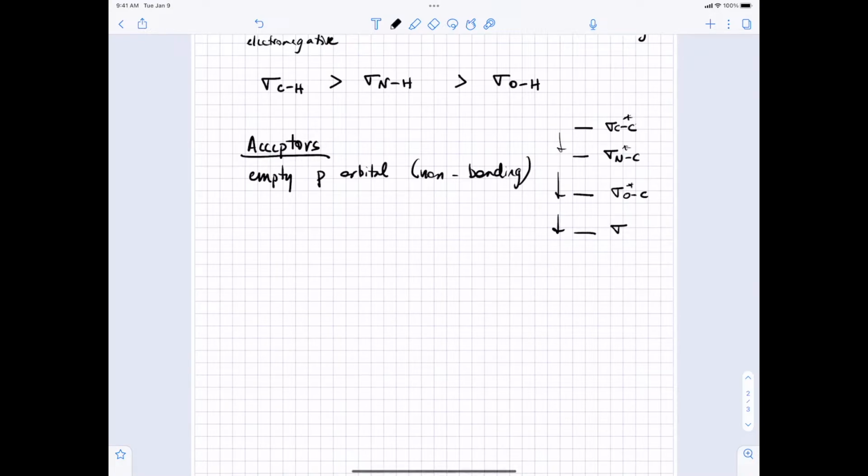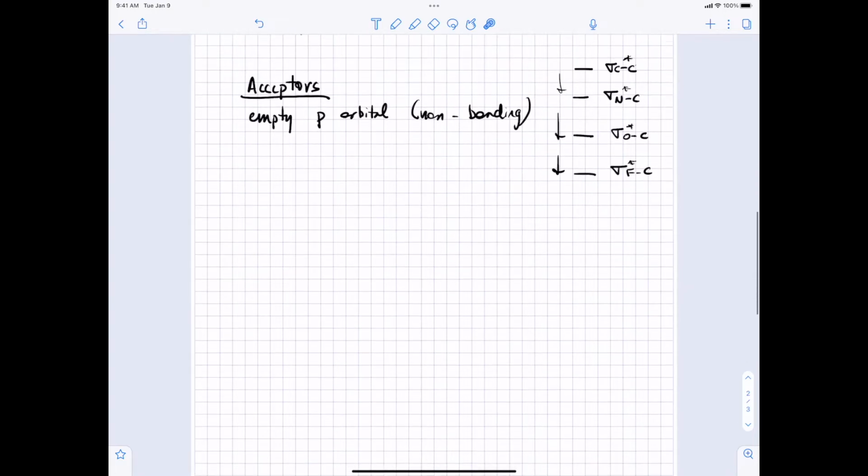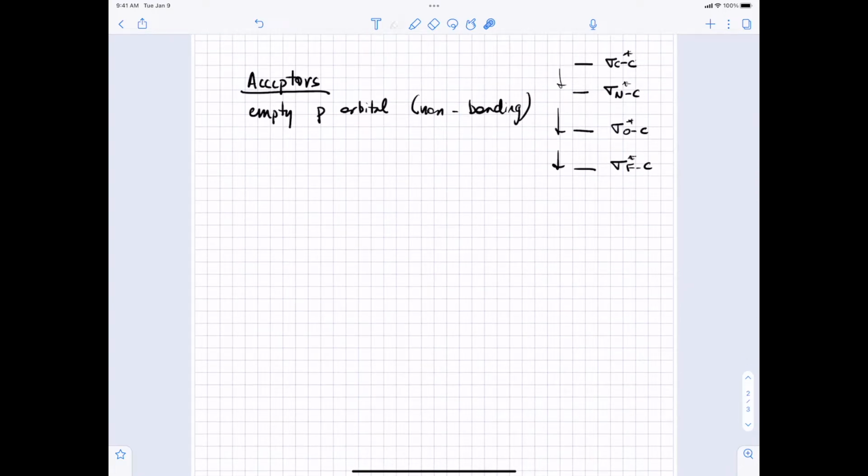And then, say, a carbon-fluorine sigma star would be even lower in energy. So electronegativity takes both bonding and anti-bonding orbitals and just moves them downward. And so if you have a choice in a molecule, a carbon-fluorine bond will be a better acceptor than a carbon-carbon bond.